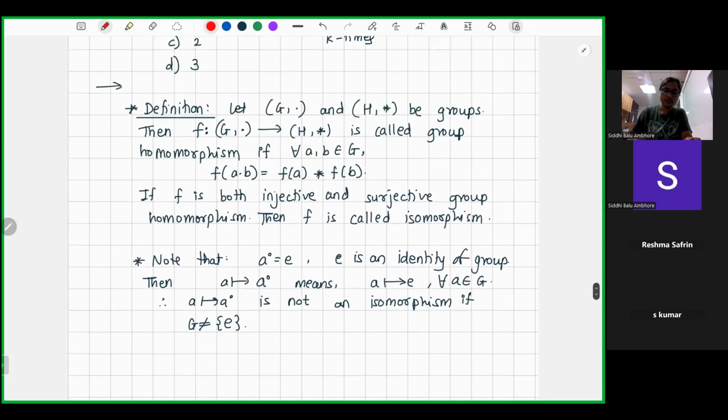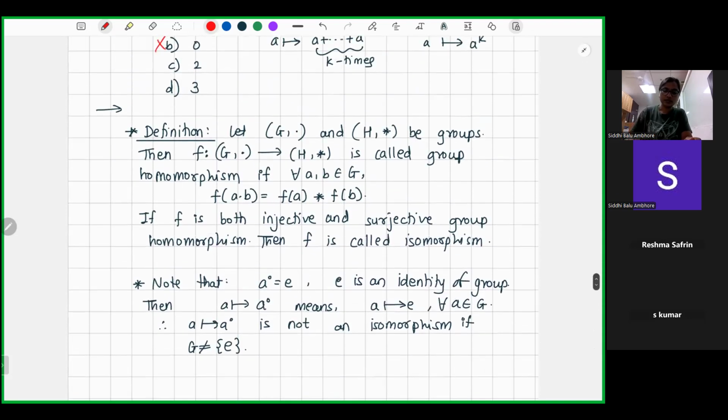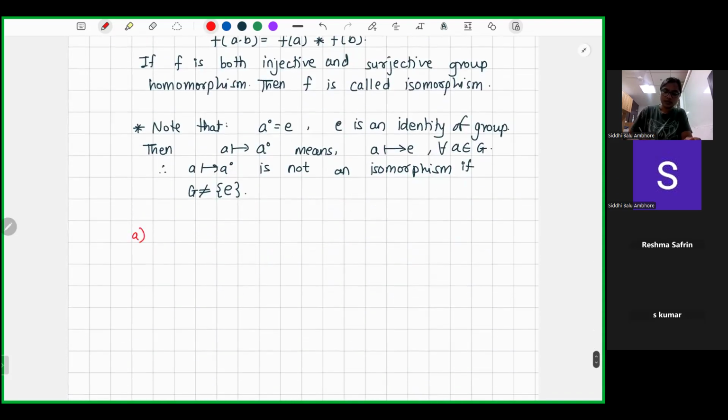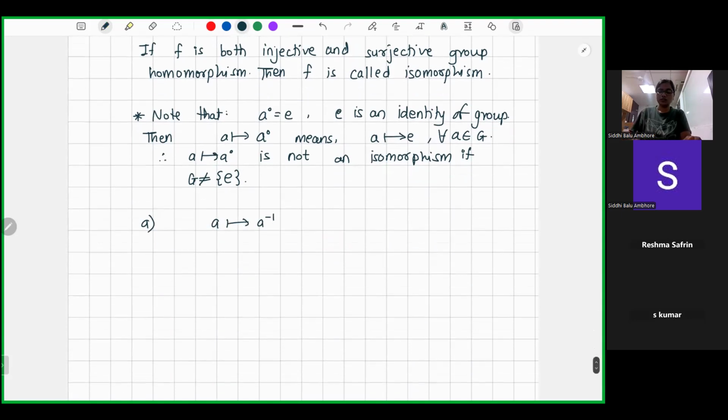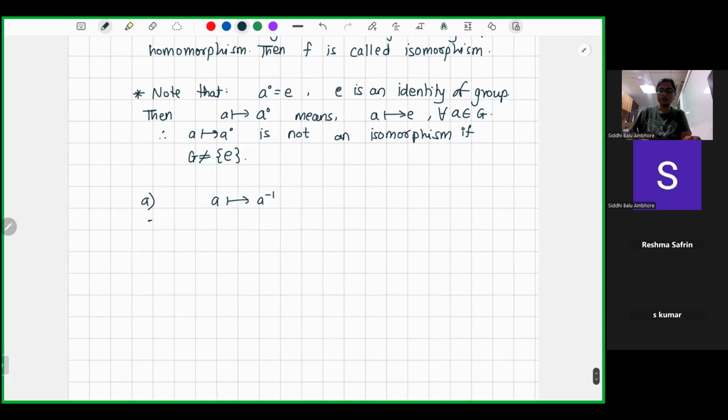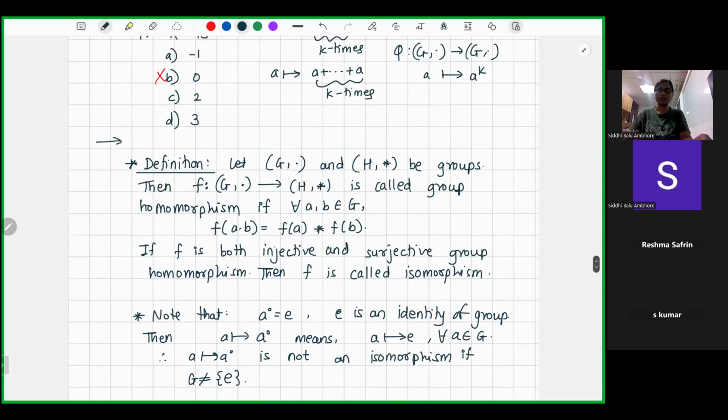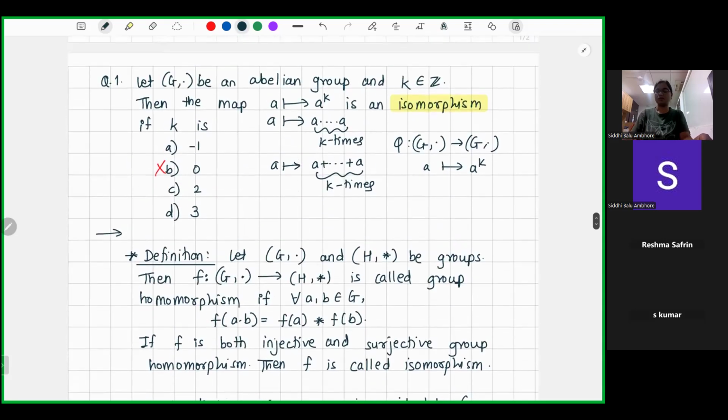So what about the first option, A going to A power minus 1? This actually gives us an isomorphism. A going to A inverse will give me an isomorphism since G is an abelian group.